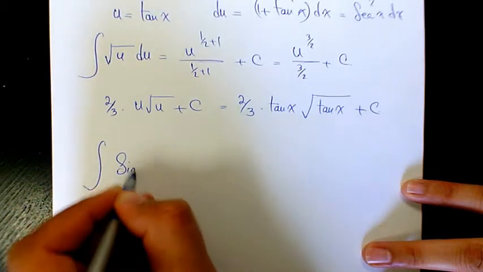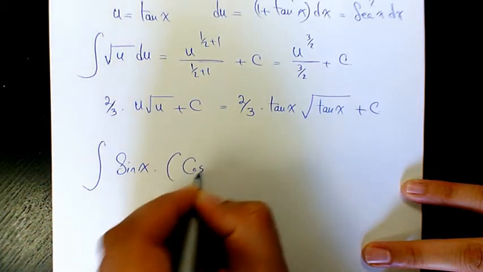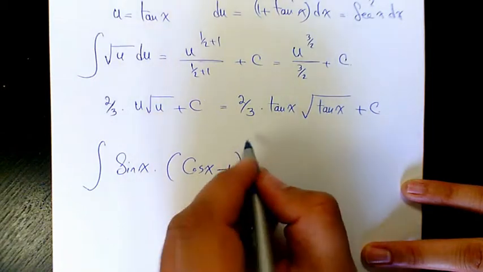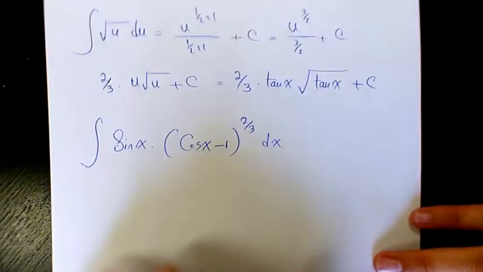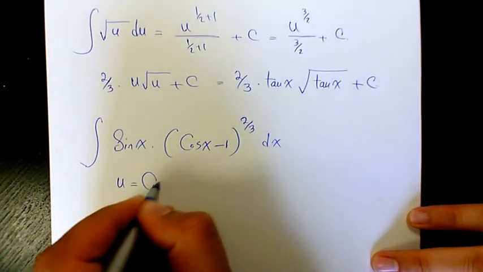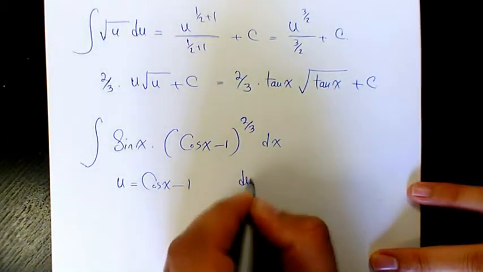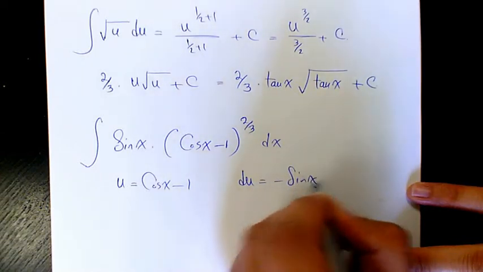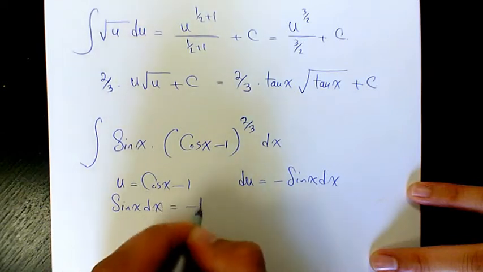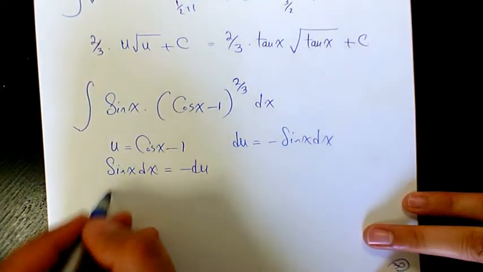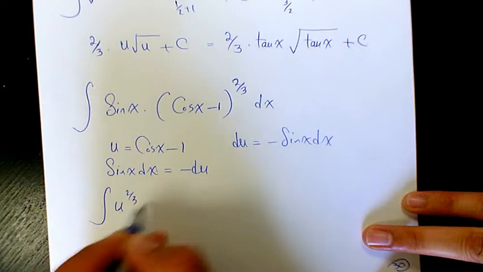Integral of sine x times cosine x minus 1 to the power of 2 over 3 dx. So when u is cosine x minus 1, du is negative sine x dx. So sine x dx is negative du. So that's going to be u to the power of 2 over 3 times negative du.